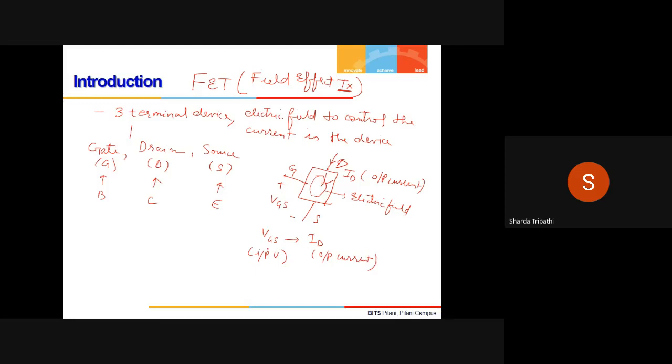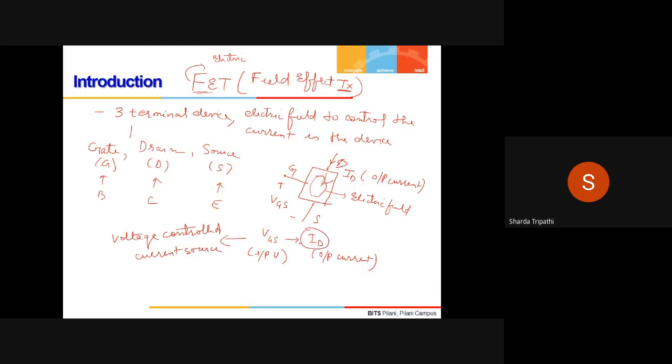And from here, it's also intuitive why we get the name field effect. So here field stands for the electric field. This is called field effect because the output current varies under the effect of electric field that is produced by the input voltage. Also, because the input voltage is controlling the output current, the FETs are also known as voltage controlled current source.